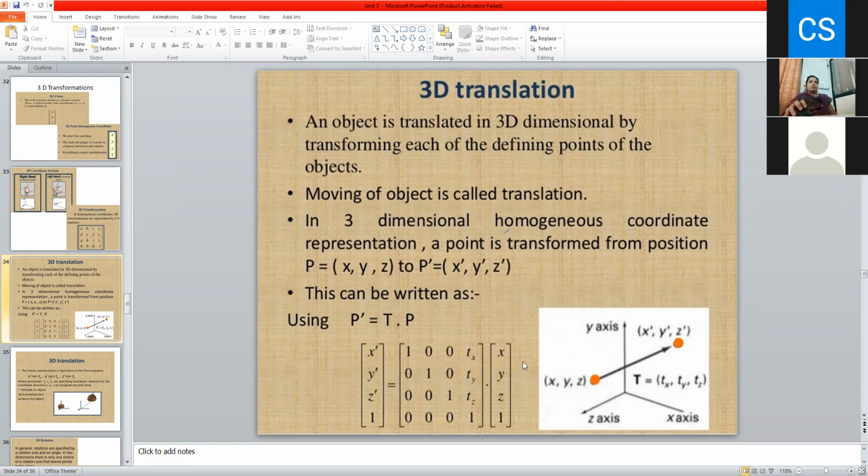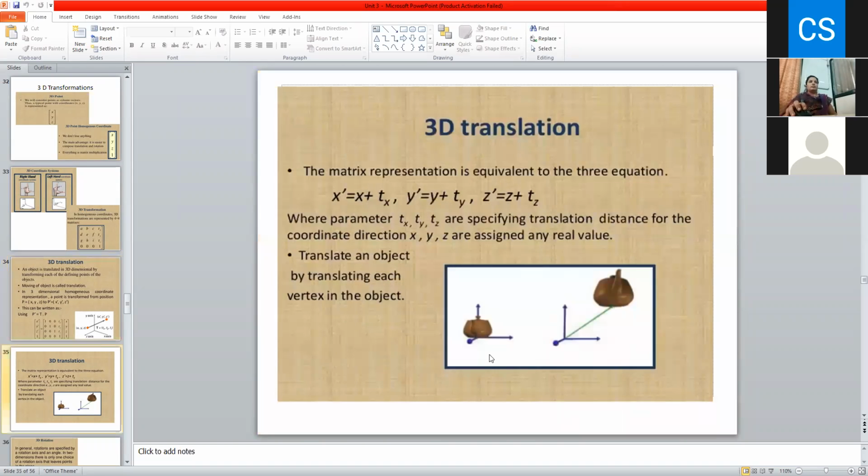So that is about translation. You can see here the new coordinate is achieved by adding tx, ty, tz values to x, y, and z respectively.